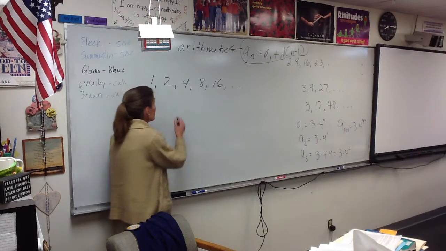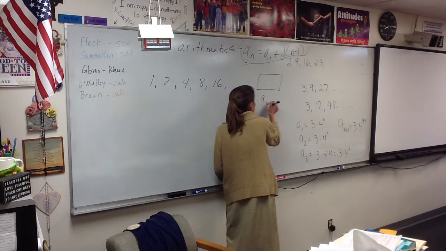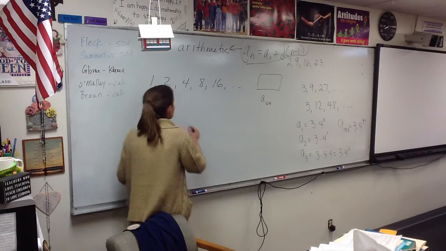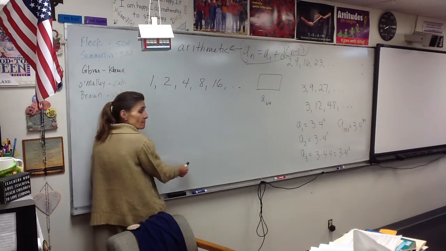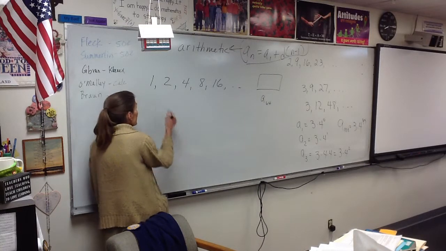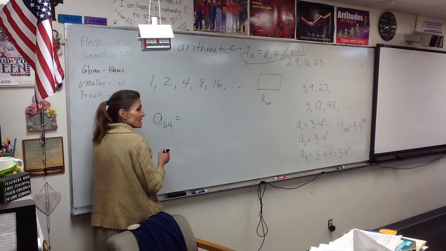So what we really want to do is come all the way out to the 64th term, right? That's the checkers we're talking about. For this sequence, I just erased my formula, but it's geometric. What would the 64th term be?